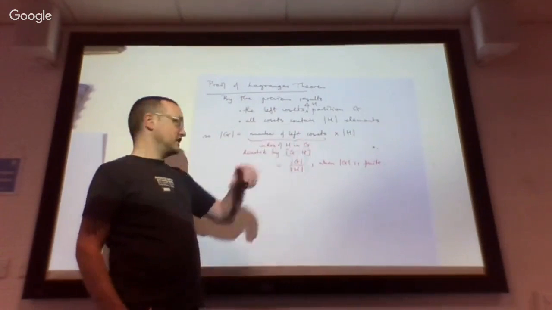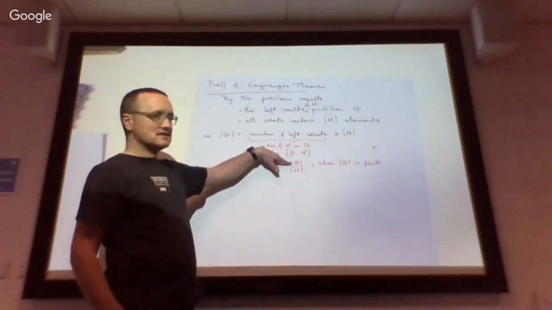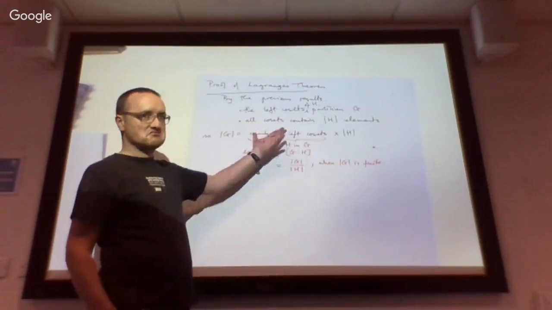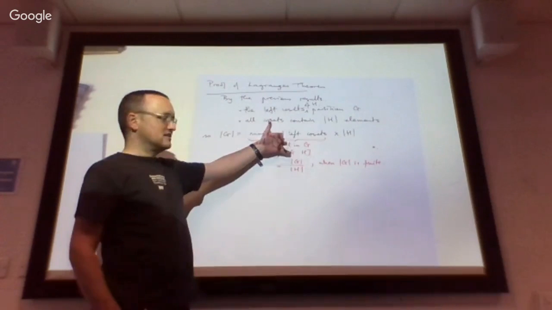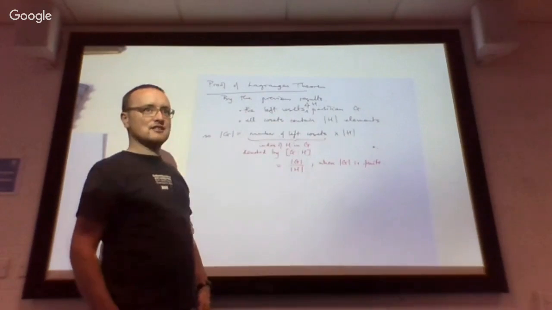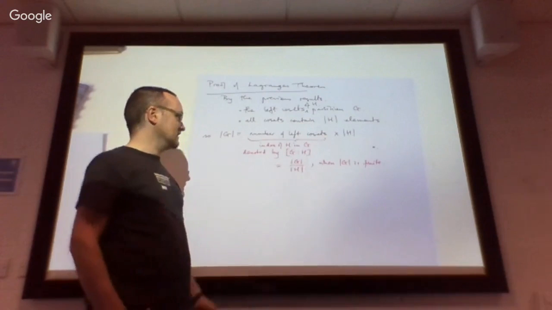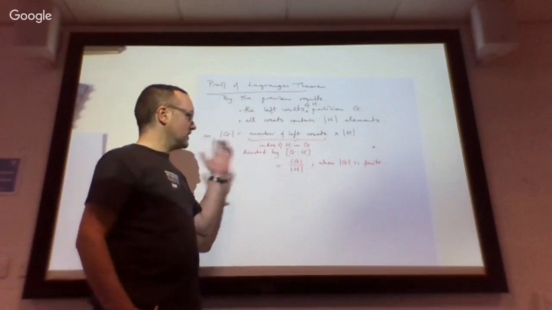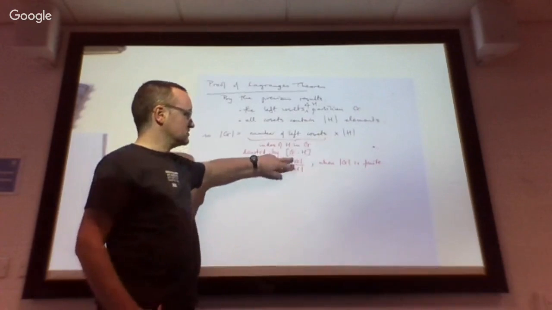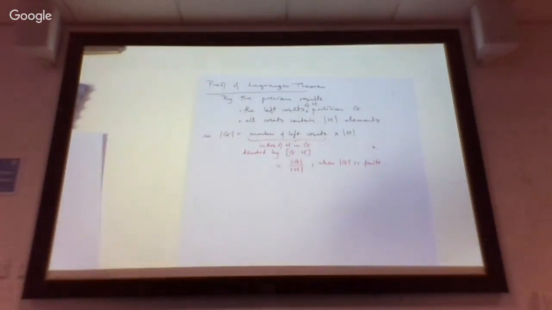Okay? But for an infinite group, it wouldn't make sense to talk about the size of G divided by the size of H, because you can't divide an infinite quantity by anything. But when the group G is finite, then the index of H in G is just equal to that simple ratio. But it still makes sense to talk about the index, even though the group G might be infinite.